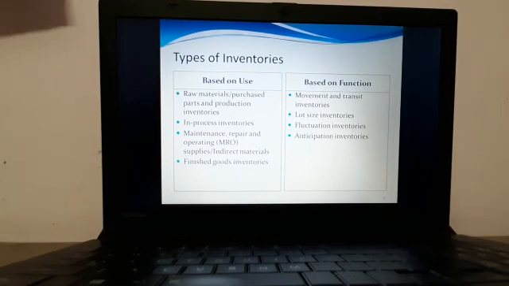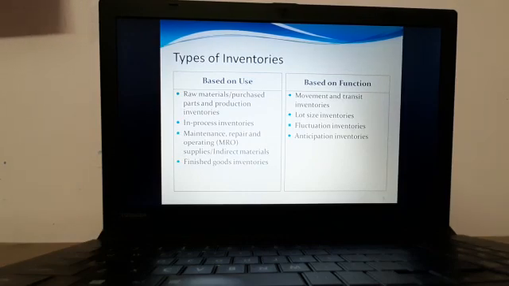And you also know that whenever a product is in role or is being utilized, you will obviously have maintenance, repair and operational services. That means MRO supplies, which are normally indirect material.